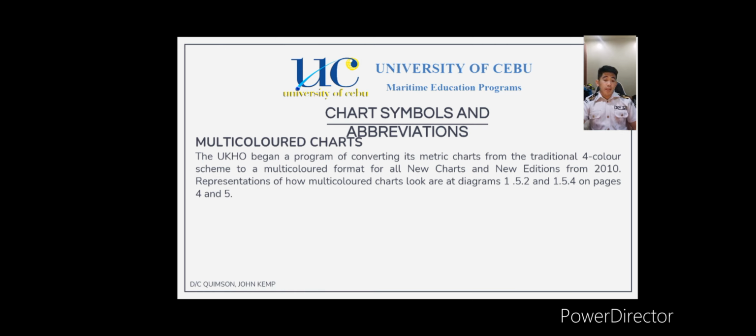The UKHO, the United Kingdom Hydrographic Office, began a program of converting its metric charts from the traditional four-color scheme to a multicolored format for all new chart editions from 2010.